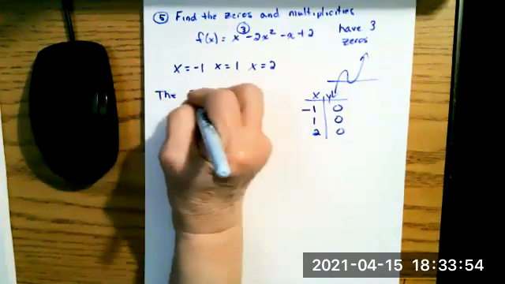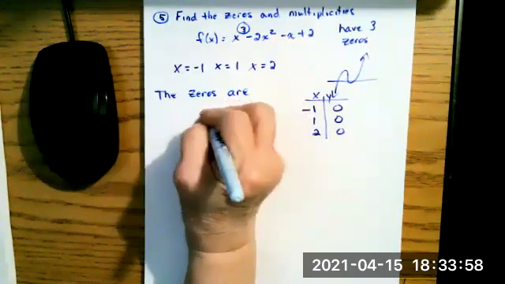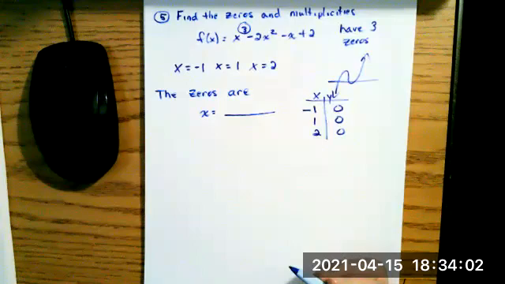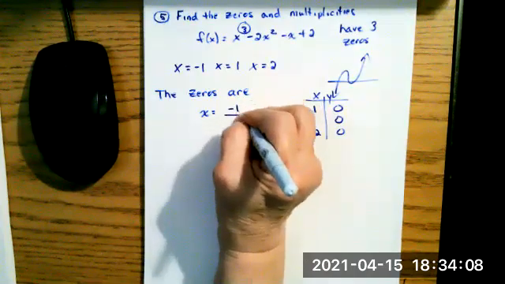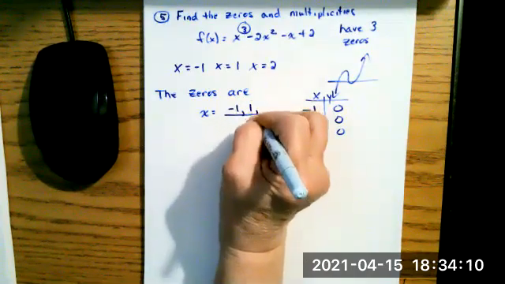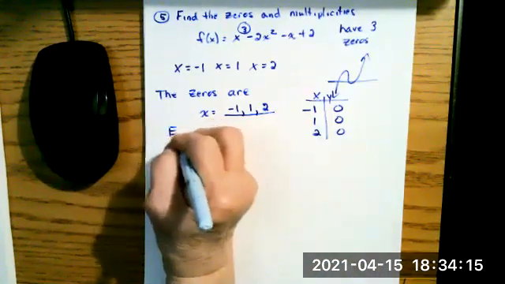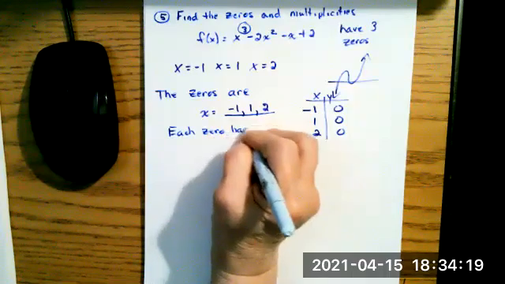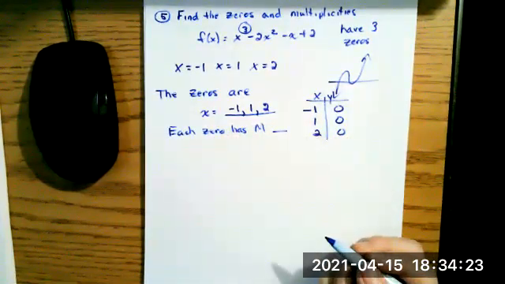The zeros are, and it says x equal, and the blank is out here. And it says put commas between your answers. So you would write -1, comma, 1, comma, 2. Then on the second one, it says each 0 has multiplicity blank. What would you put in that blank?